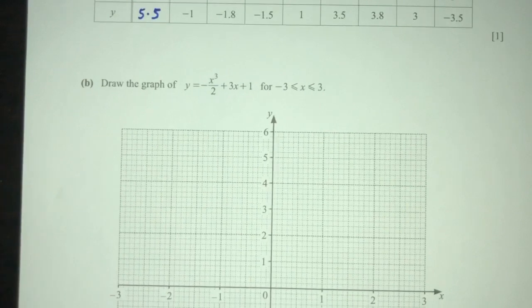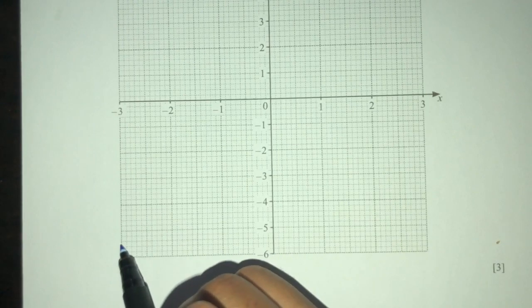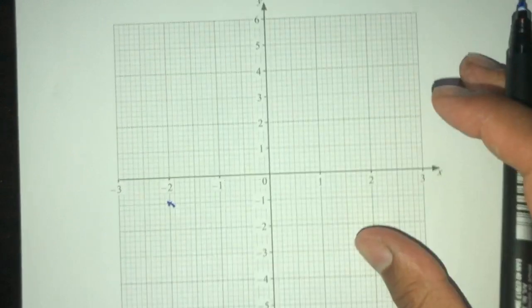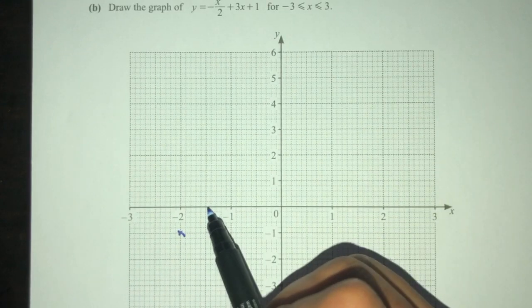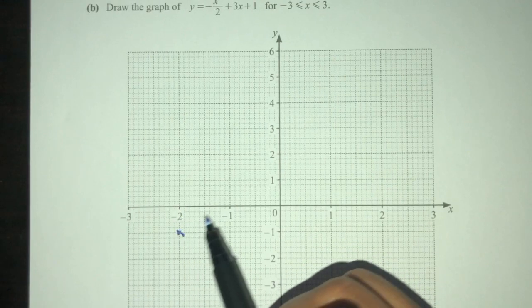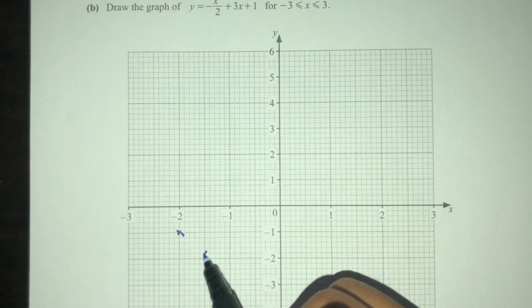Now we have to draw the graph. Bear with me. We have to plot all the points first. So minus 3, 5.5 should be somewhere over here. Minus 2, minus 1, right here. Minus 1.5, minus 1.8 should be right here.